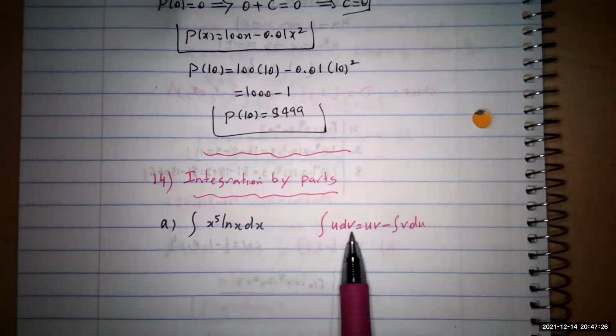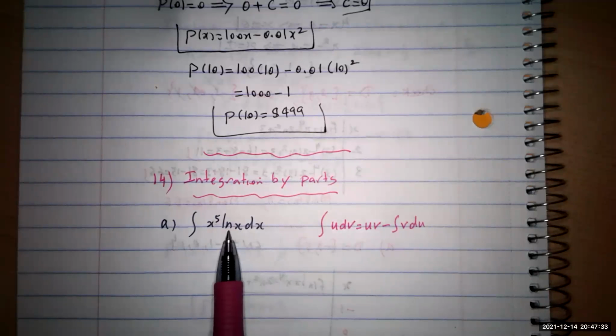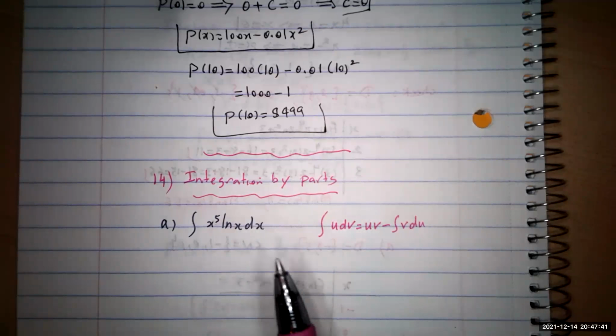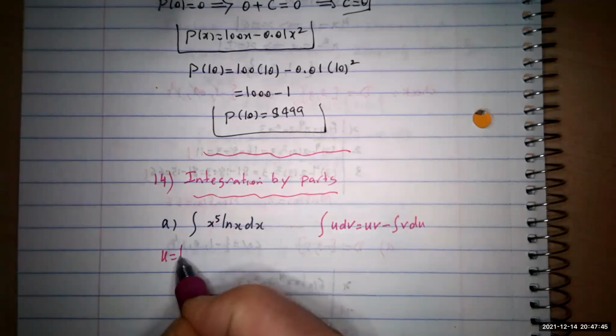You have to pick the u and the dv. For these types of problems, we take u to be ln x. The reason is it's easy to differentiate ln x rather than integrate it. So we always take u to be ln x. It's a very unique problem, so you're not going to miss it.